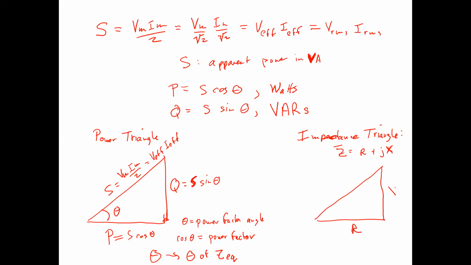R, X, theta, and then Z. So basically the ratio between the resistive and the reactive impedance, between R and X, is the same ratio as that between the average power and the reactive power that the circuit will process. So they're very closely related.